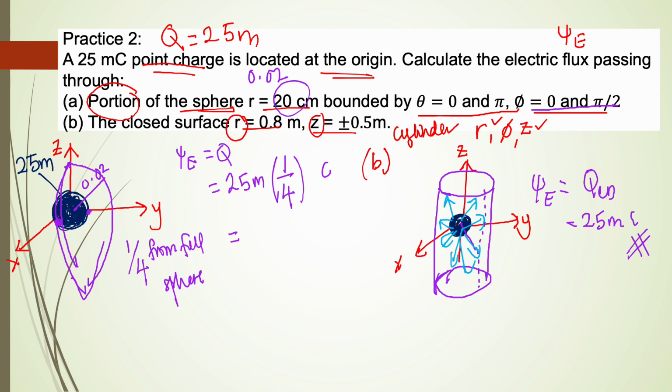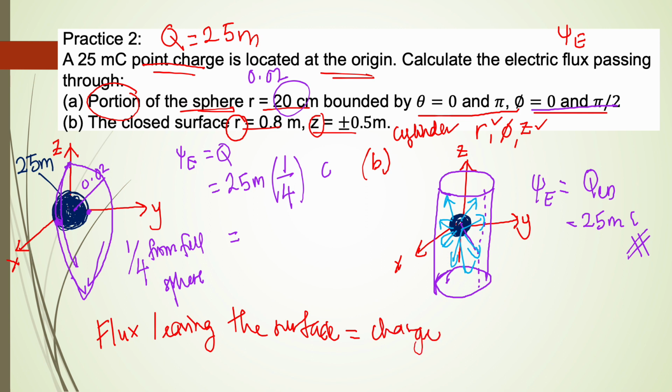I hope this is very clear with your understanding of flux. So what is electric flux? If you can summarize, the flux leaving the surface is equal to the charge enclosed by the surface.